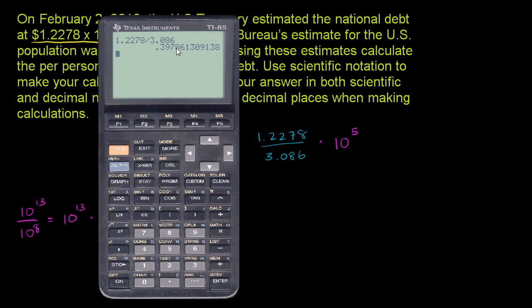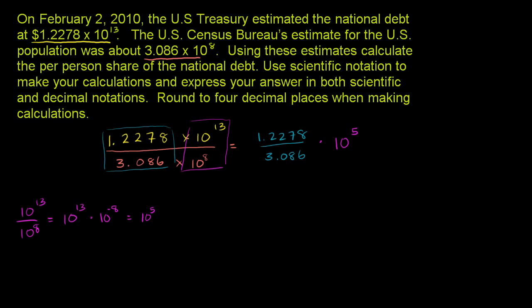So 0.3979. Let me put it on the side so I can still look at it. So this little dividing decimals problem results in 0.3979, and of course times 10 to the 5th.